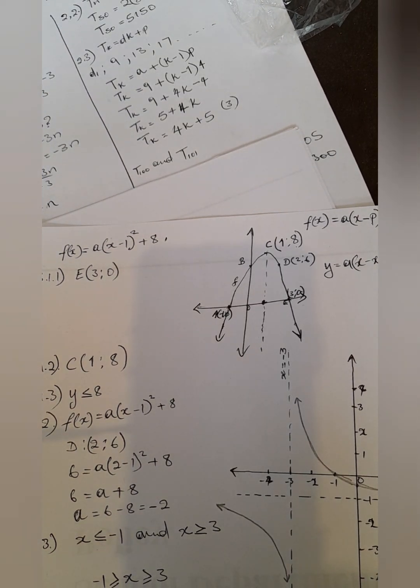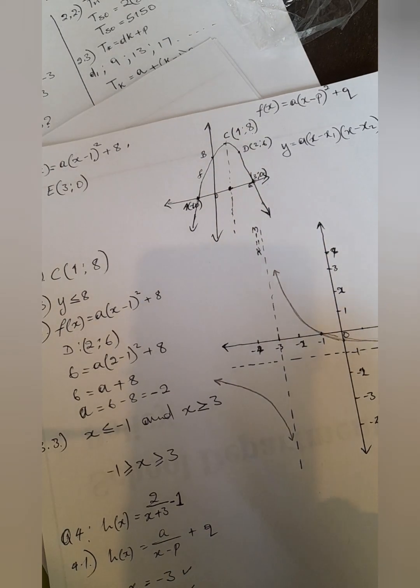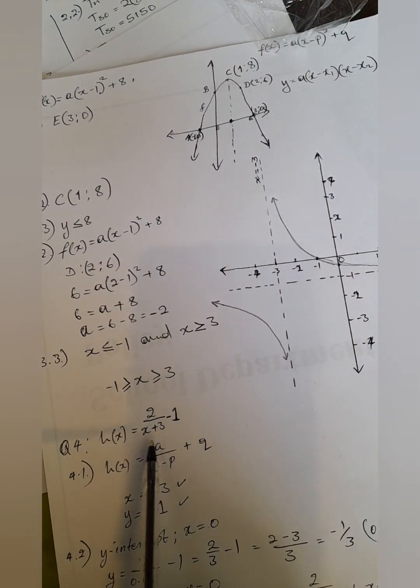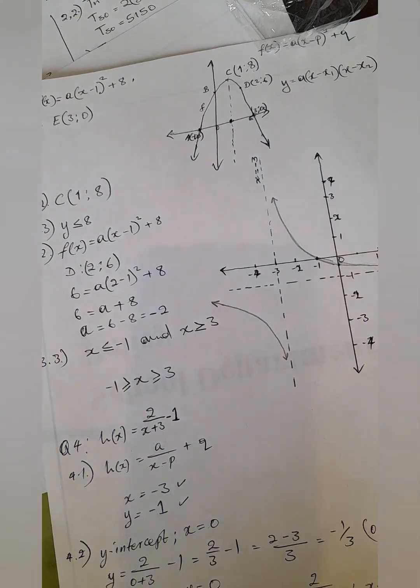Okay, I don't know a. Where's a? I'm on question 4. I'm here. We are here. Question 4. So if x is -2, you would have 0 divided by 1, which is 1.